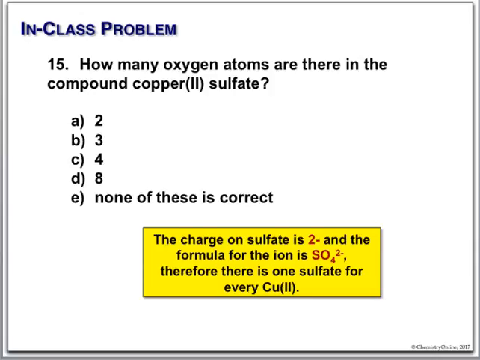Therefore, copper 2 sulfate will simply have this formula. All right, so we've done this. How many oxygens are there? Well, that's not hard. 4. Any questions?